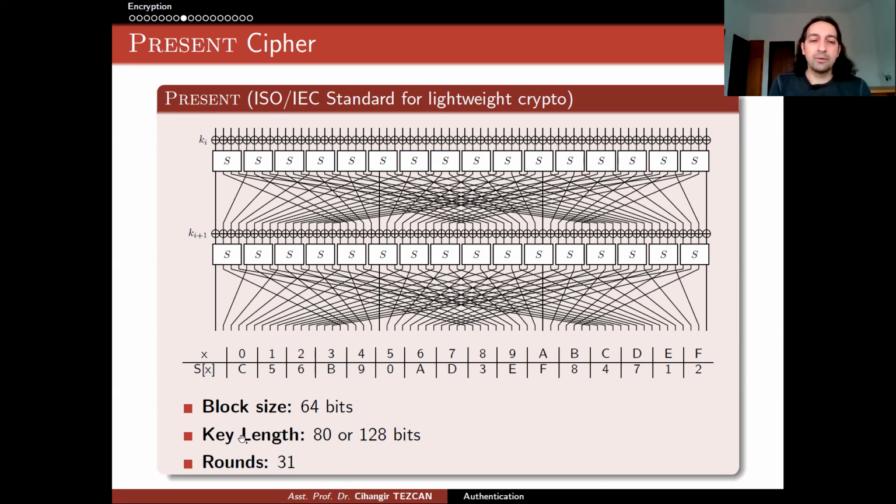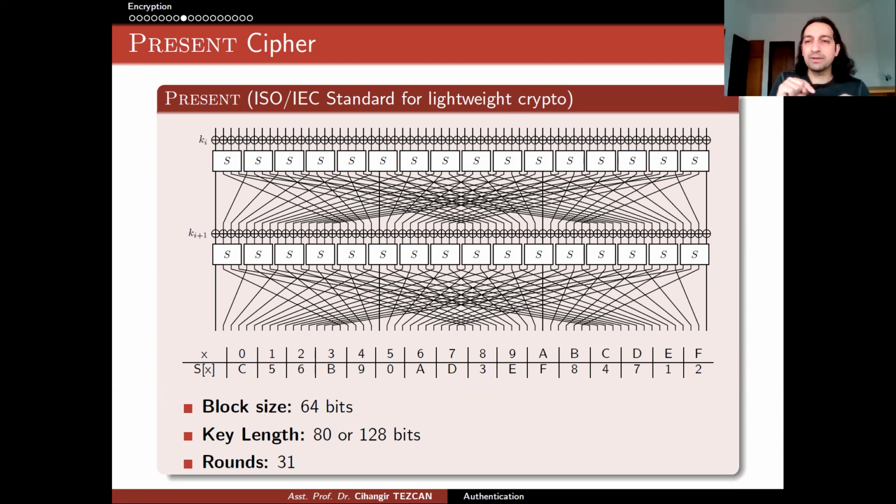Okay. So the block size for this block cipher is 64 bits. This means that the algorithm has an input of 64 bits and provides a 64-bit output. For this reason, if you want to encrypt something larger, for instance a 1 megabyte file, you have to divide it into blocks of 64 bits and perform encryption on them.